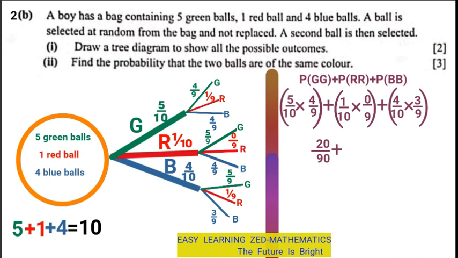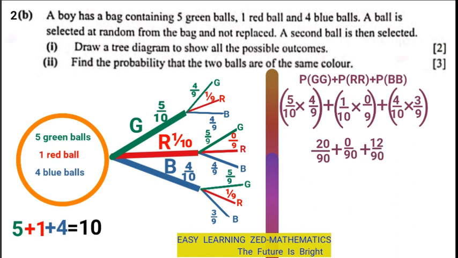So 1 multiplied by 0 gives us 0, over 90. Then plus the last bracket, 4 over 10 multiplied by 3 over 9. So 4 multiplied by 3 gives us 12 over 90.